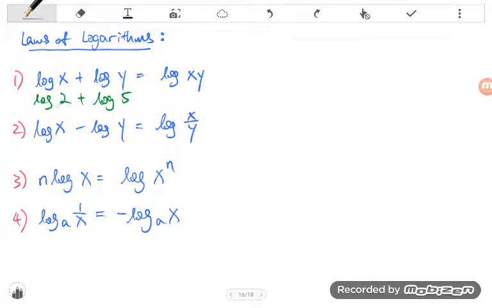So this is log 2 to the base of 10 plus log 5 to the base of 10. I can simplify that as log of 2 times 5, which is log 10 to the base of 10, which gives us 1. And if you're a bit skeptical, go ahead and put log 2 plus log 5 in your calculator. You should get 1.